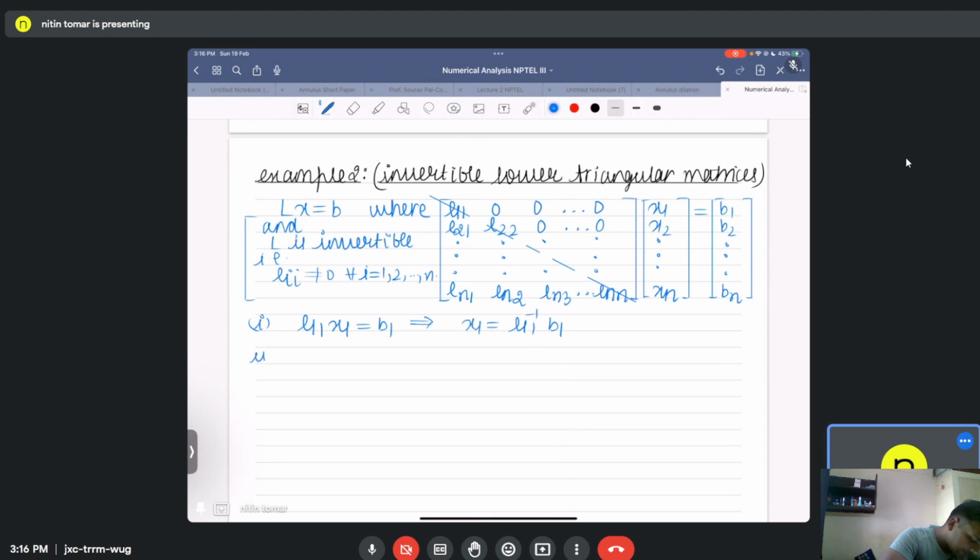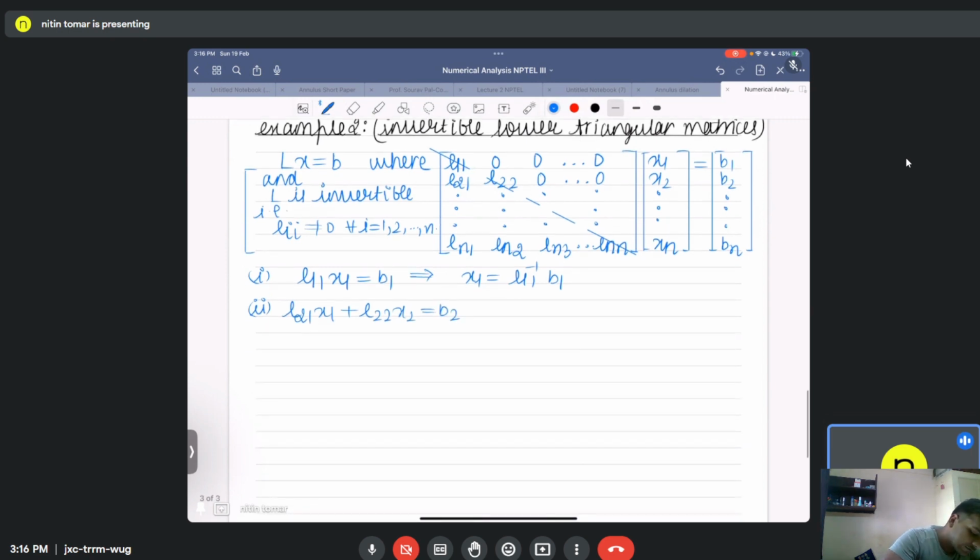Now what about the second equation? The second equation is L21x1 plus L22x2 equal to B2. This can be written as x2 equals 1 upon L22 times B2 minus L21x1, correct?